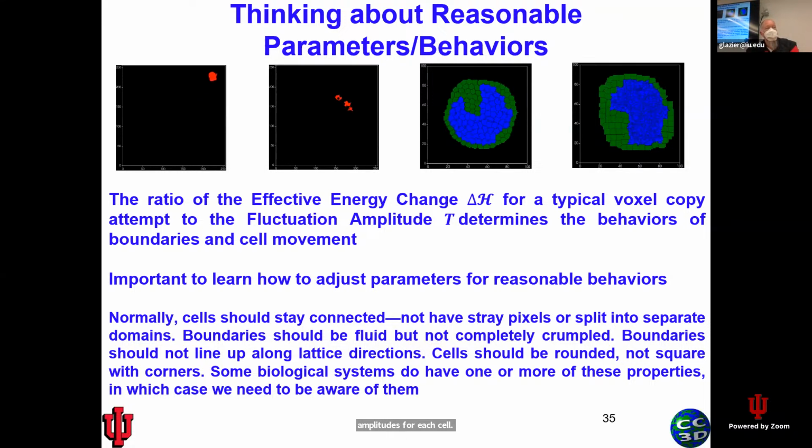It gets to be a little bit complicated to make it work. And so people tend to stick with a global fluctuation amplitude and then play with the energies. But it's rare, but if at some point somebody might want to understand how that works. Okay.